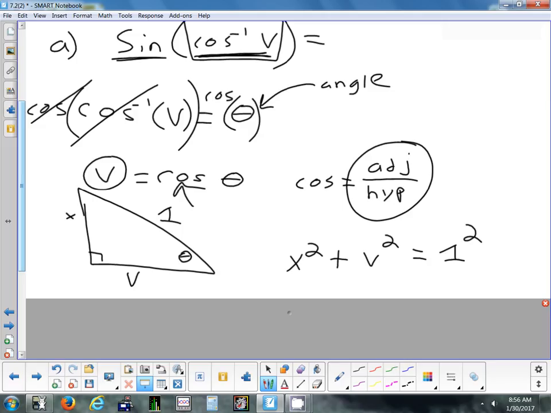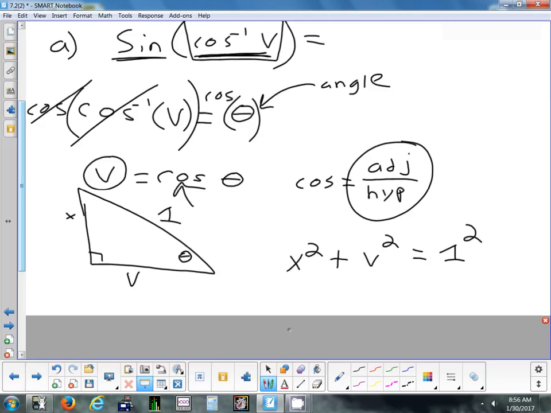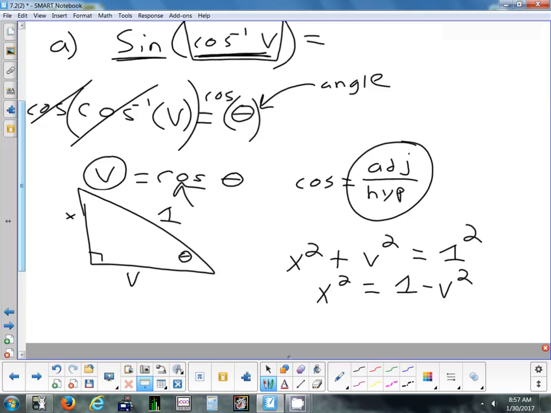How would I move v squared to the other side? Minus it. So x squared equals 1 minus v squared, since 1 squared is 1. Now I almost have a formula for x. What do I have to do on each side? Square root. So x is the square root of 1 minus v squared.